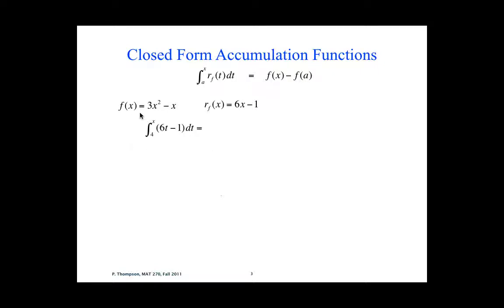Even without doing it from scratch, I can just say, oh, well, this is r sub f, and so I want to know, according to this formula up here, f of x minus f of a, so f of x minus f of 4. Well, f of x minus f of 4, when I have function f of x written out, would be 3x squared minus x minus whatever I get when I plug in 4, which is 48 minus 4, 44.